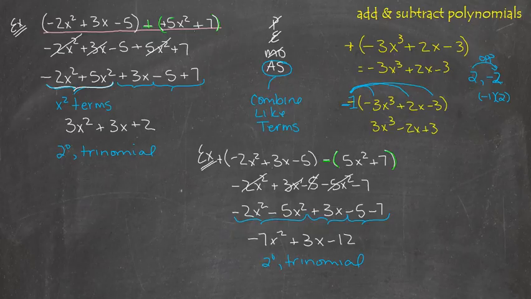So you rewrite the original problem, and then you have to show that you got rid of your parentheses. You have to show that. The step you can leave out is this regrouping step. I don't recommend it when you're starting off because you're likely to make a bunch of mistakes, but this is an acceptable step to skip. You can combine all of your terms and write the final answer.